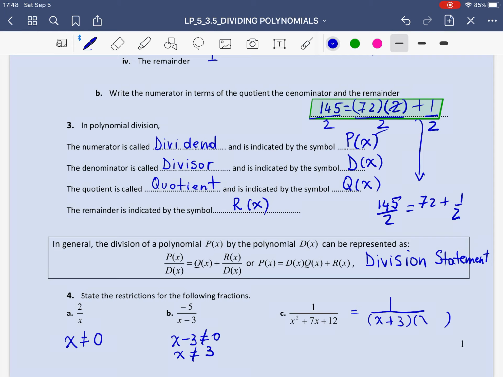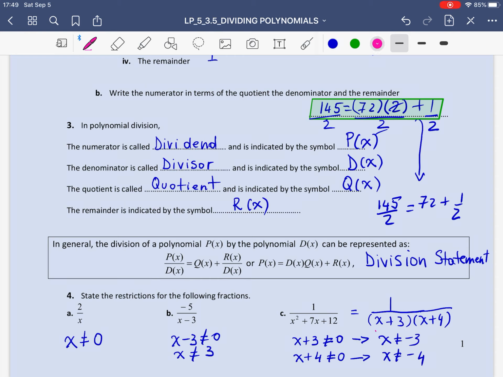That would be x plus 3 and x plus 4. We'll say that x plus 3 cannot equal 0, and x plus 4 also cannot equal 0, which tells us that x cannot equal negative 3 or negative 4.